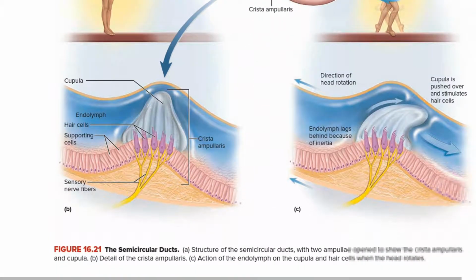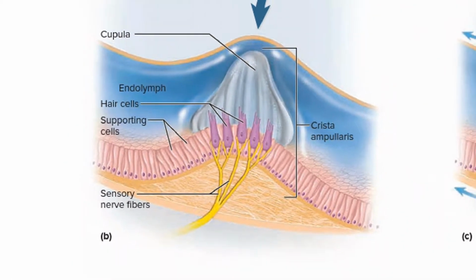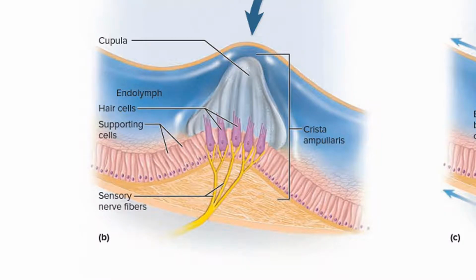Now in the resting condition, see the position of the crista, the entire crista ampullaris they are showing. Then you see the position of the cupula, the endolymph, the hair cells, the supporting cells, and in yellow color they are showing the sensory nerve fibers.